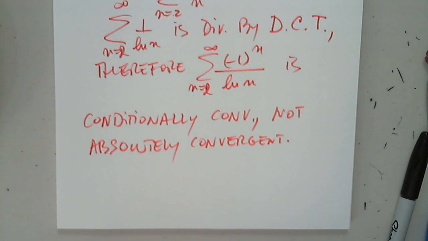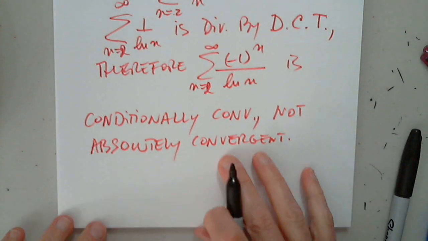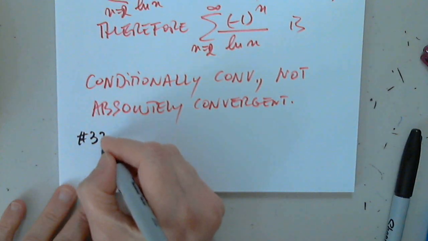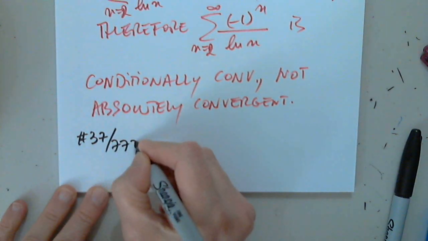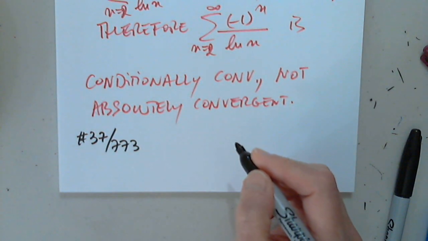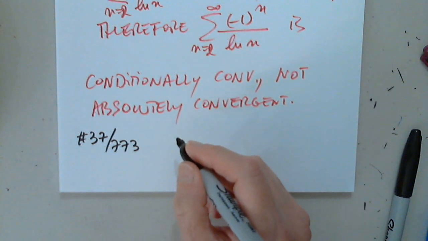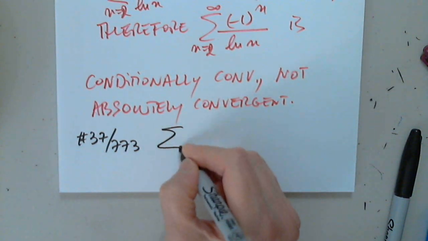And finally, we want to look at the last one, number 37, and that is on page 773. In 37, we are asked to show that the series is convergent first.